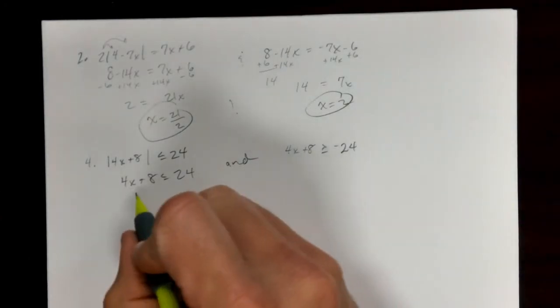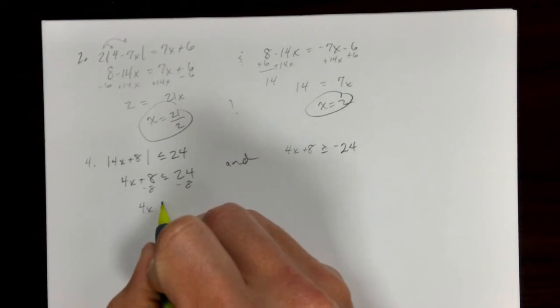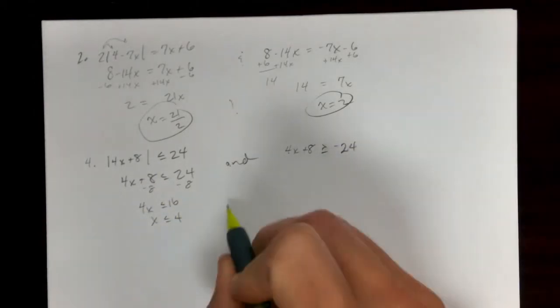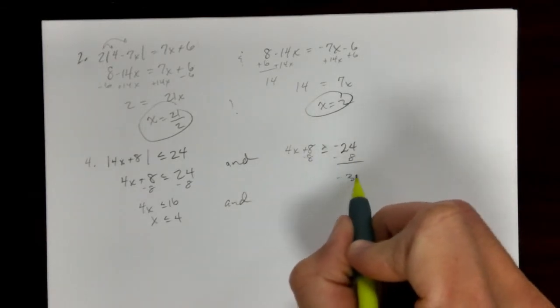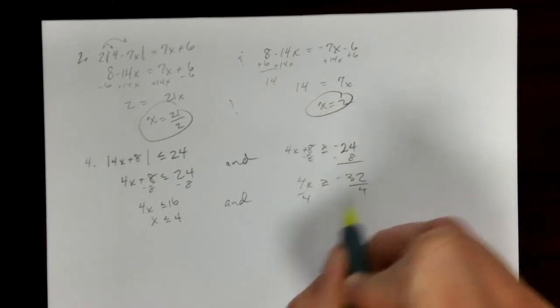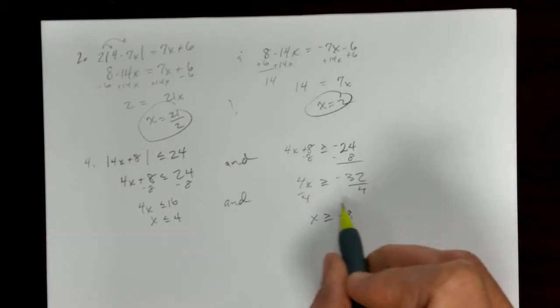We're going to do the same exact thing. We're going to solve for x, so let's subtract 8 on both sides. And we get 4x is less than or equal to 16, so x is less than or equal to 4. And my other case, subtract 8 on both sides. So we get x is greater than or equal to negative 8.